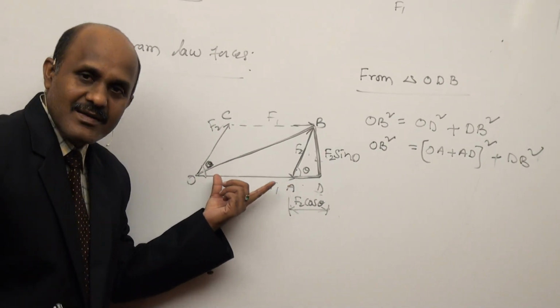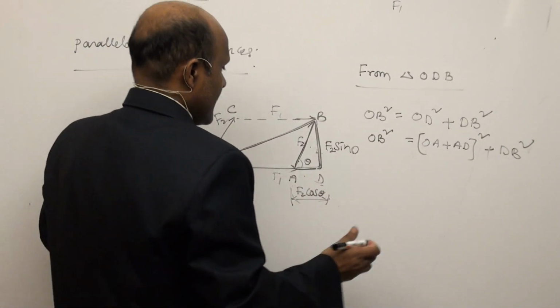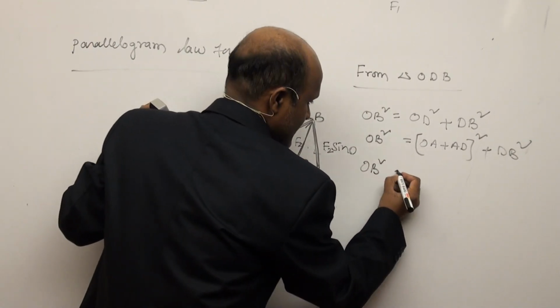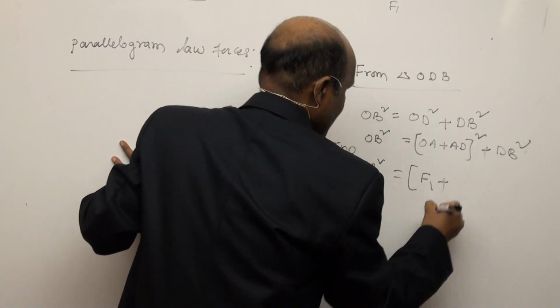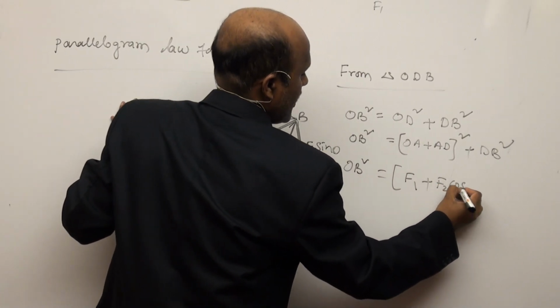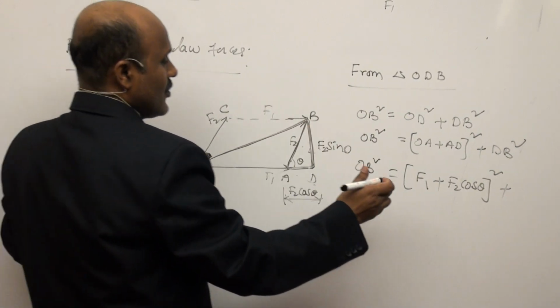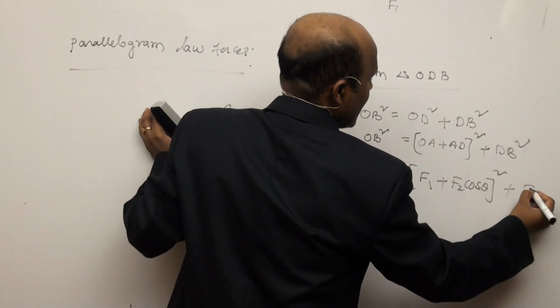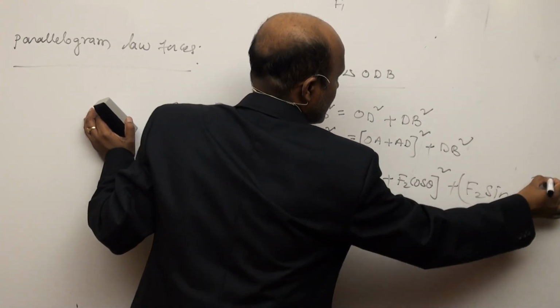OA is nothing but F1. AD is nothing but F2 cos theta. DB is F2 sin theta. So OB square is equal to F1 plus F2 cos theta whole square plus F2 sin theta whole square.